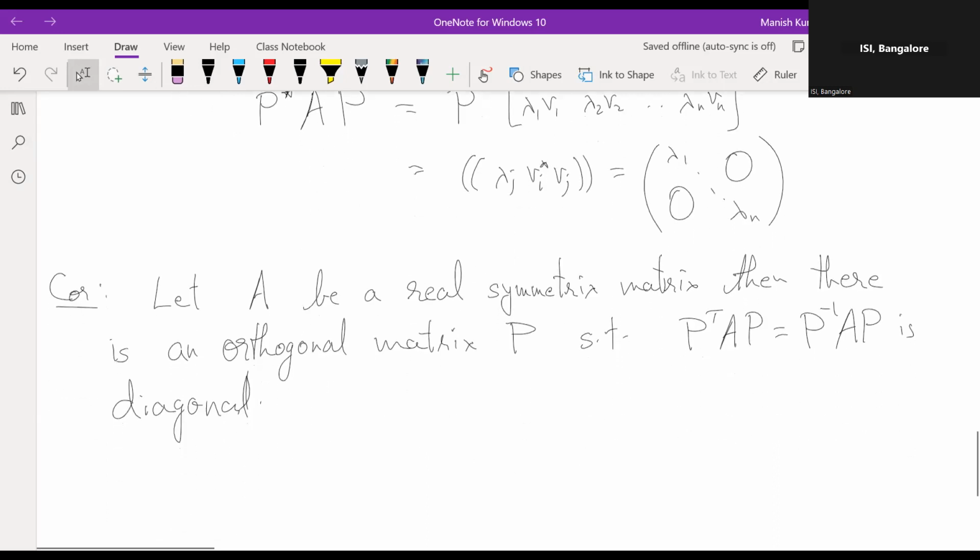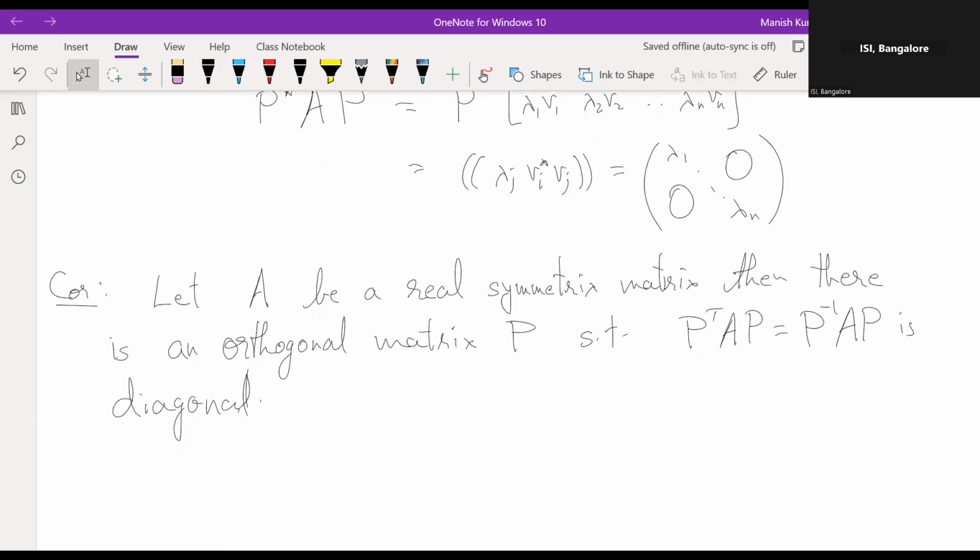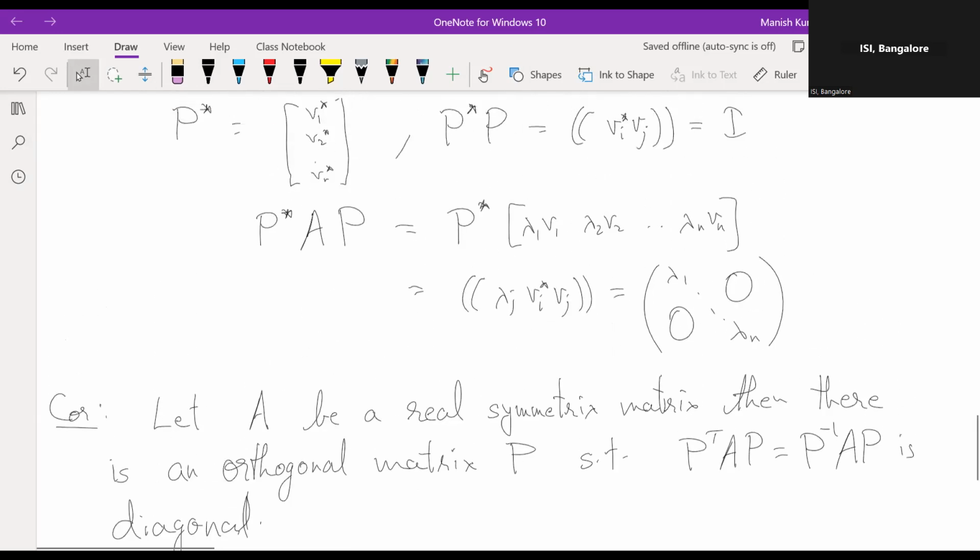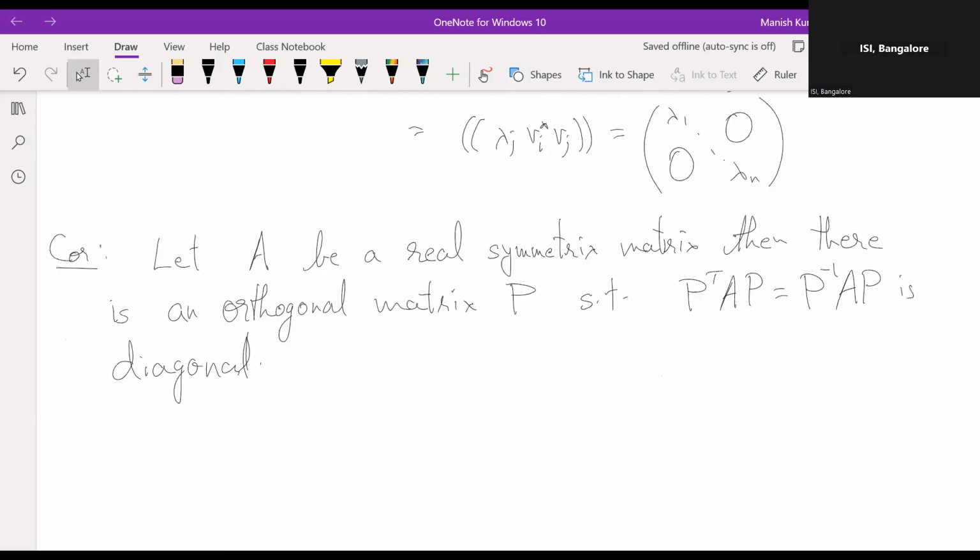So the content of this is that you can actually find not just a unitary but an orthogonal matrix. Maybe you can argue this yourself, why you can find an orthogonal matrix. Is that okay? So maybe I'll leave it as homework.